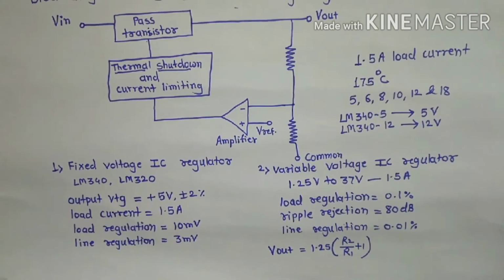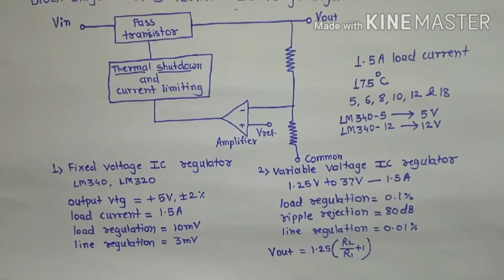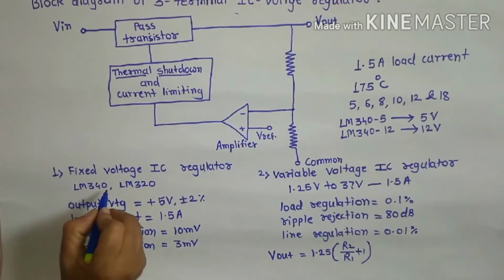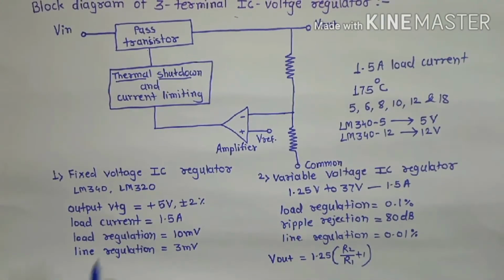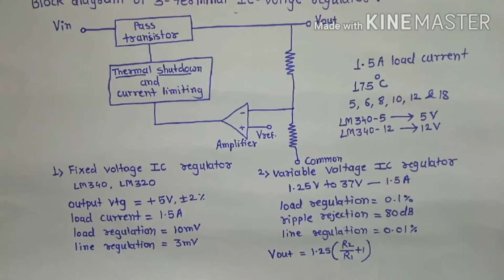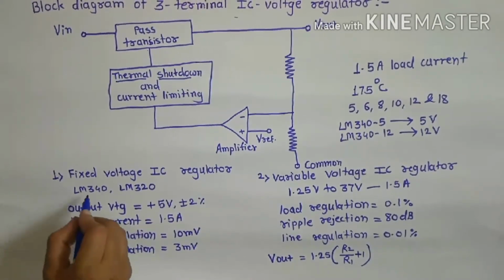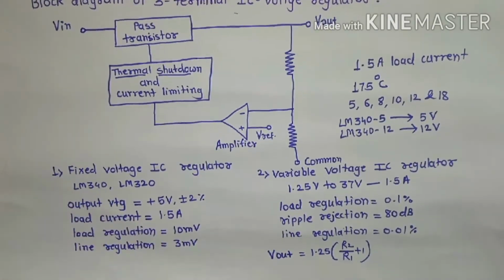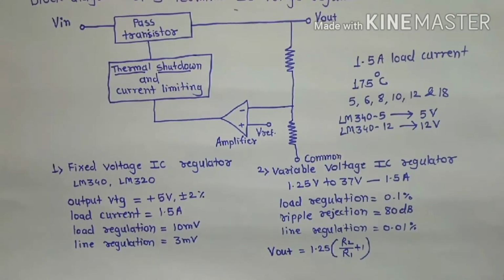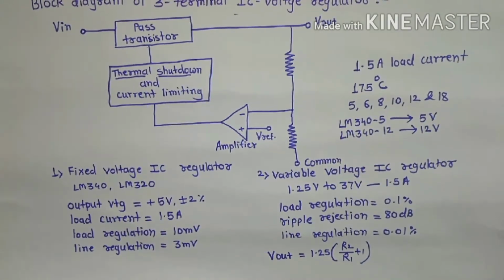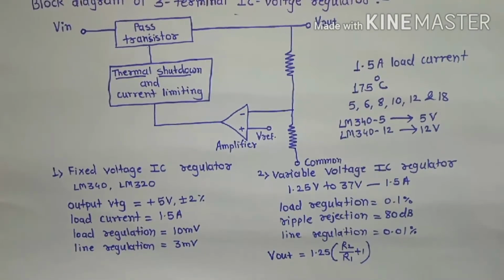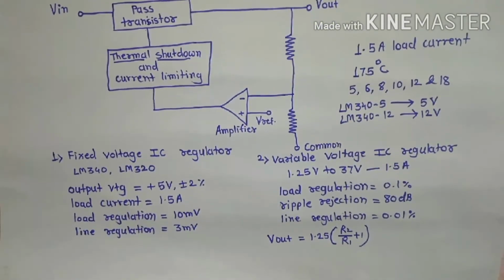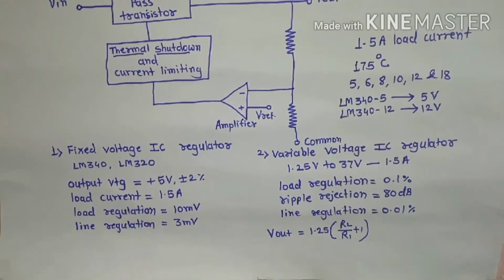The fixed voltage regulators are used for a dual power supply, that is, the 340 series is used for positive voltage and the 320 series is used for negative voltage. By combining these two series, we can regulate the dual power supply, that is, positive as well as negative. This series is used for load current regulation.